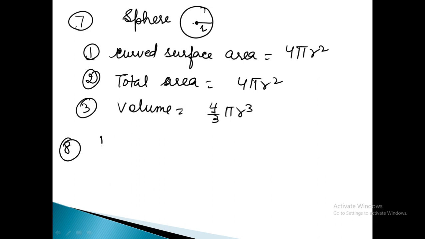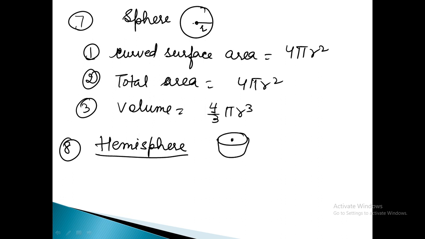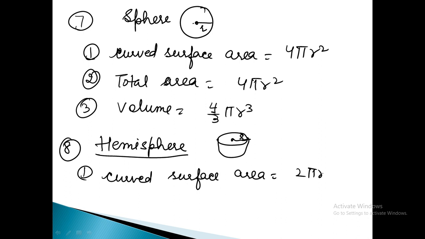And next is hemisphere. This will be in the form of R. First, curved surface area is equal to 2 pi r square, and area of top, that is equal to pi r square.